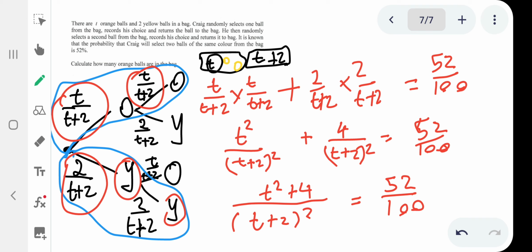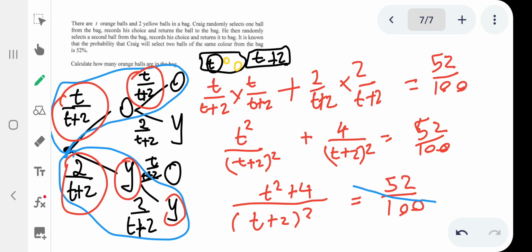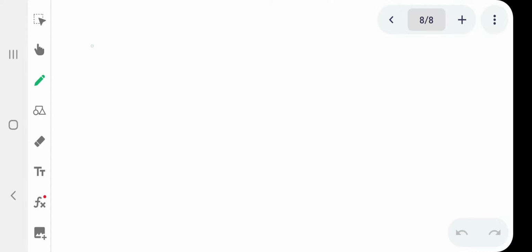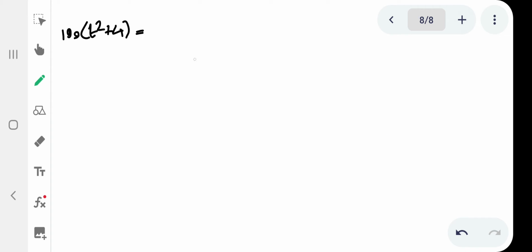So in this case, I'm going to use cross multiplication: 100 times that and 52 times that, right? So we have 100 times t squared plus 4, equal to 52 times t plus 2 squared, right?